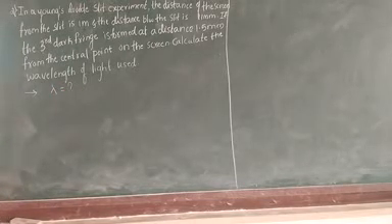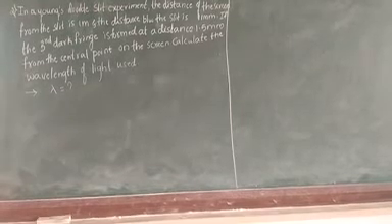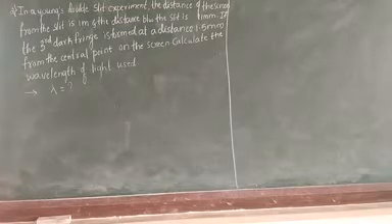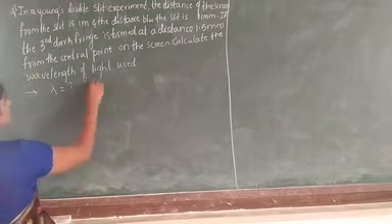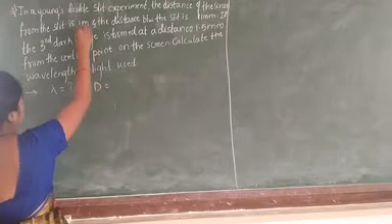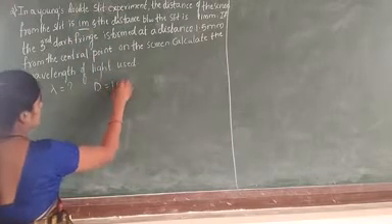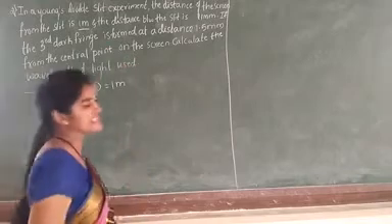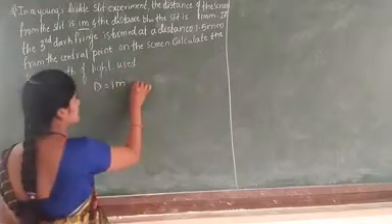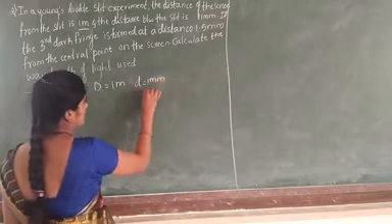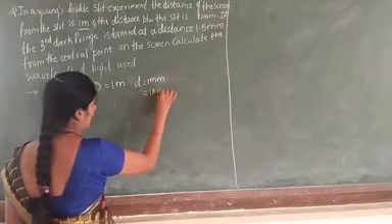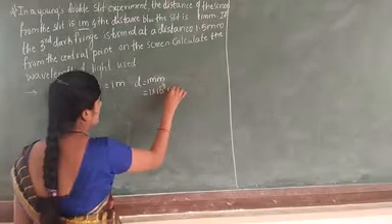First, let us write the given terms. D is equal to 1 meter. The distance between the slits, small d, is 1 millimeter, which can be written as 1 into 10 raised to minus 3 meter.